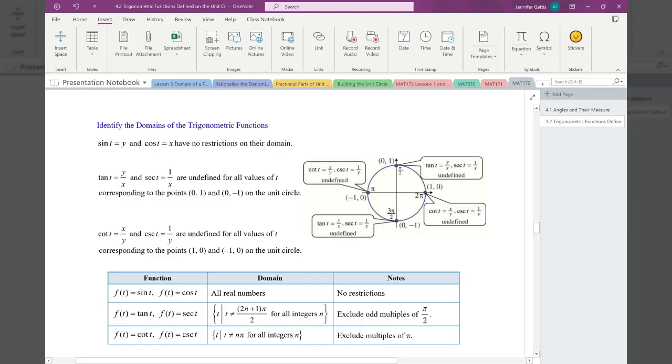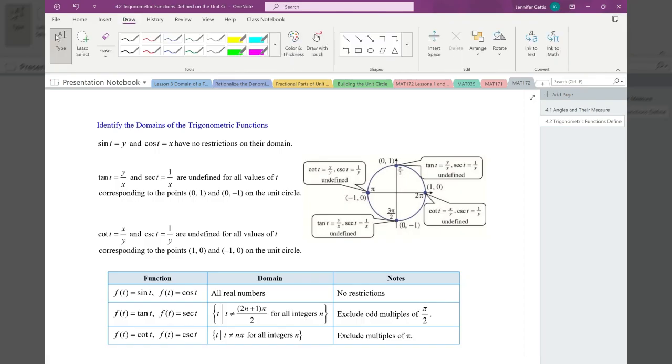So, the first thing to consider is that the sine and cosine have no restrictions on their domain. That means that the domain of sine and cosine is all real numbers.